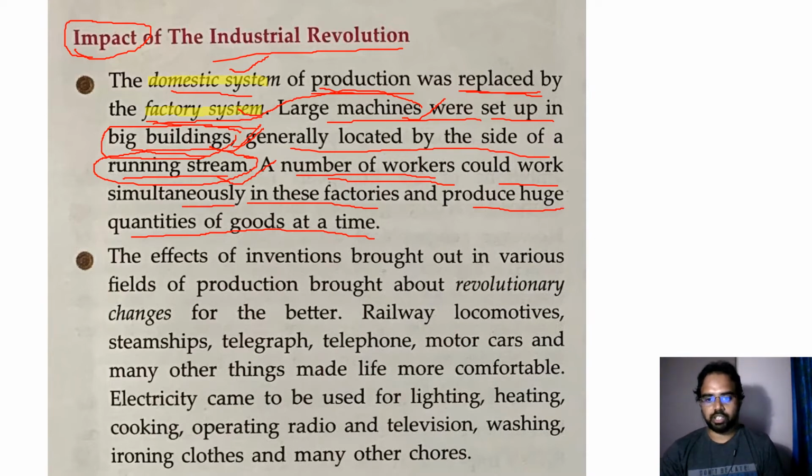Even though machines were making the products, a large number of workers were necessary to produce huge quantities of goods at a time. So this was the first impact: the traditional, less productive handmaking system changed to large factories in big buildings.